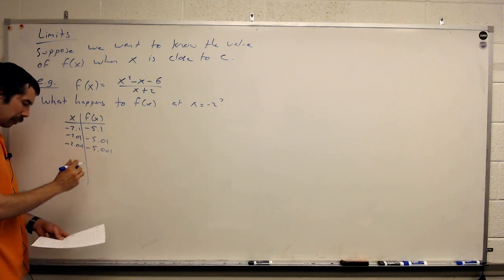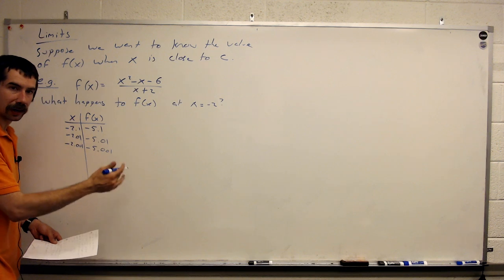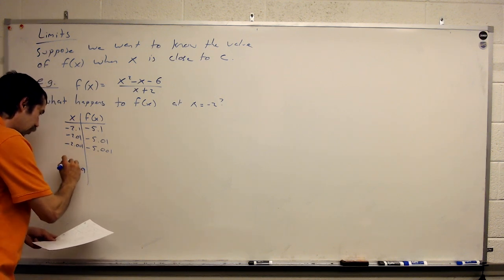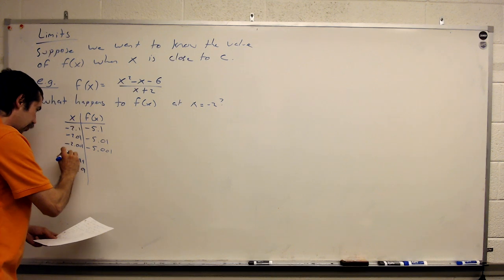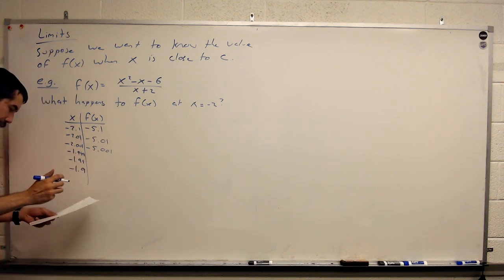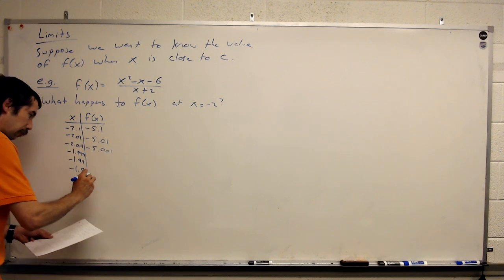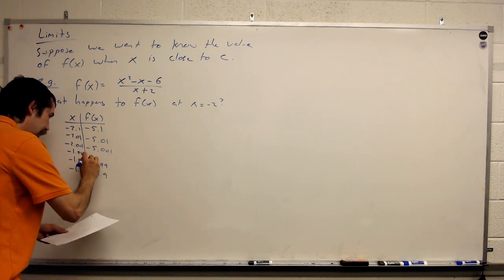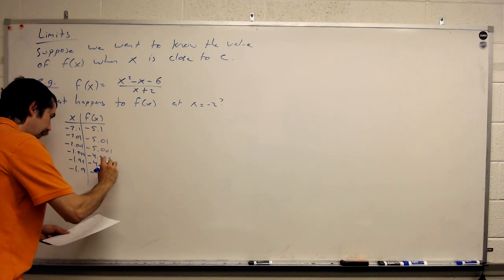Now we'll do the same thing, but taking values that are a little bit bigger than negative 2. So maybe negative 1.9, negative 1.99, or negative 1.999. When we do that, we get negative 4.9, negative 4.99, and negative 4.999.